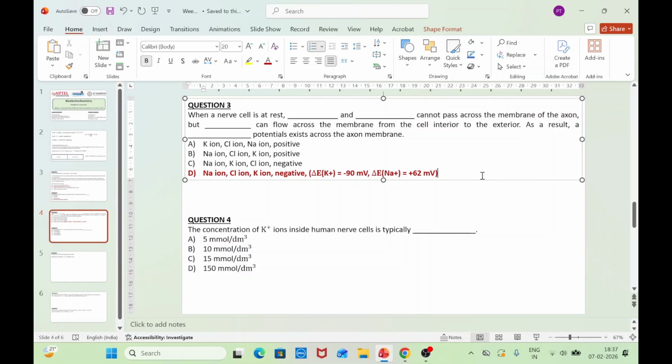Whereas the higher hydration energy of the sodium ions limits their ability to move through the channels of the axon membrane when the nerve cell is at rest. So due to these two reasons, when the nerve cell is at rest, the sodium ions cannot pass from the cell interior to its exterior.